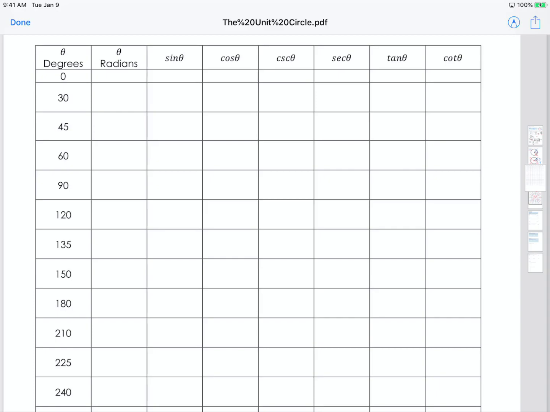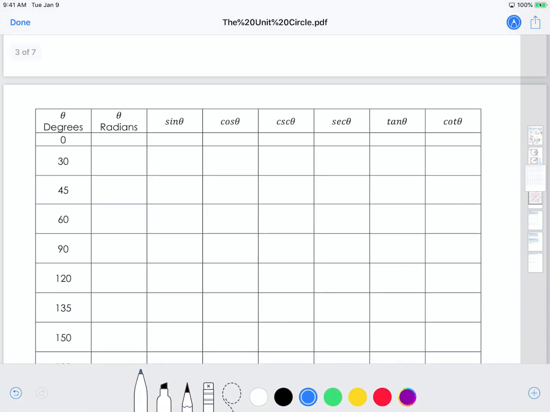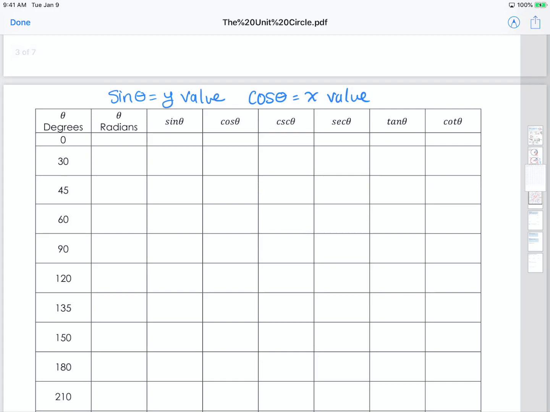Okay, so let's make a note up here to remind ourselves: the sine of an angle is going to be the y value, and the cosine of the angle is going to be the x value of that ordered pair where the angle sweeps out. We're going to use the unit circle on the next page of the notes because we've already derived all those values.